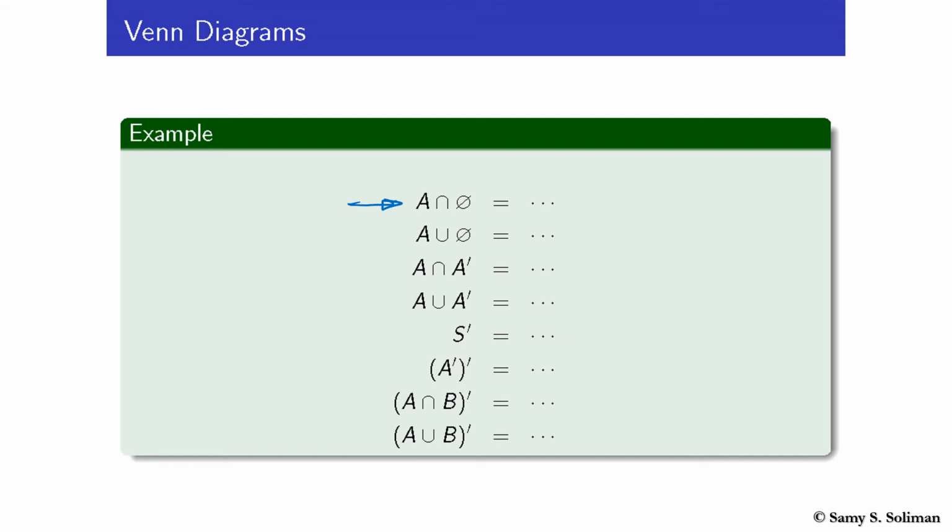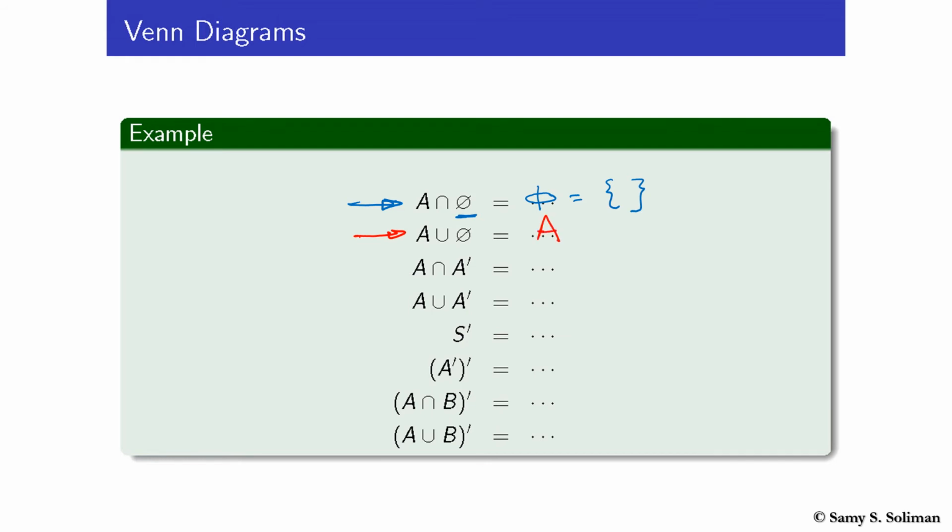However, since phi or the null set includes no elements, the intersection here will definitely be phi, the null set. On the other hand, the union of a certain event and phi, which is all the elements in A or phi or both of them, will be set A.